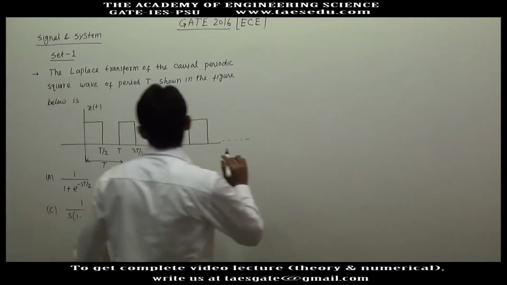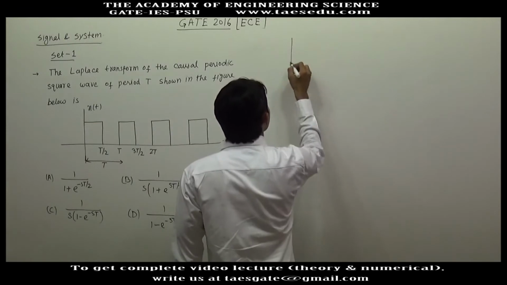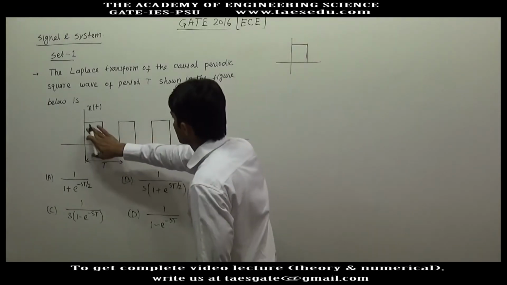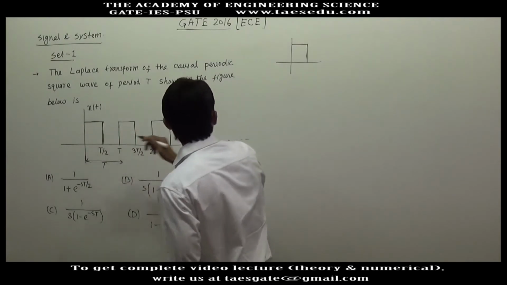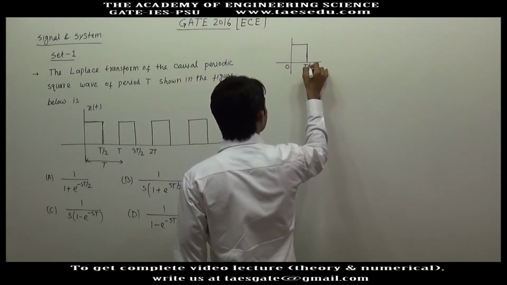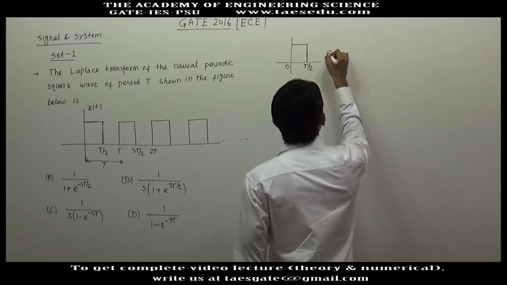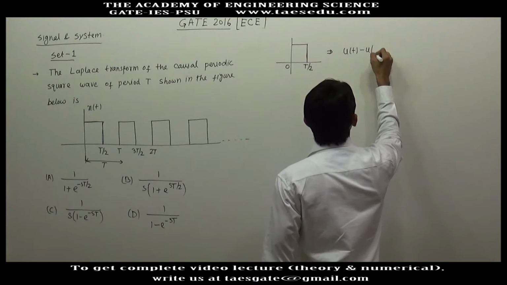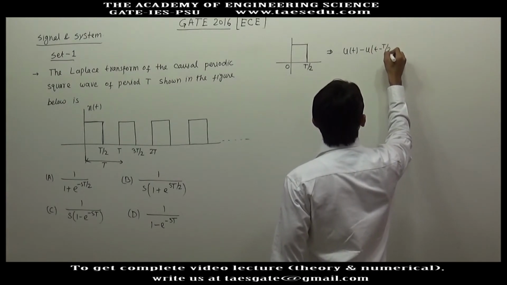To find the Laplace of this signal, first we will find the Laplace of the first square wave. This wave goes from 0 to T by 2, so it can be represented as u(t) minus u(t minus T by 2).